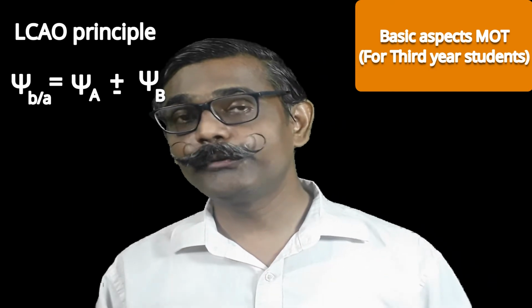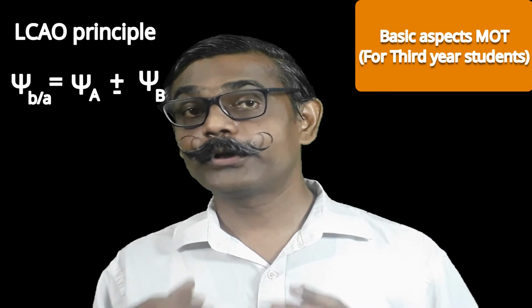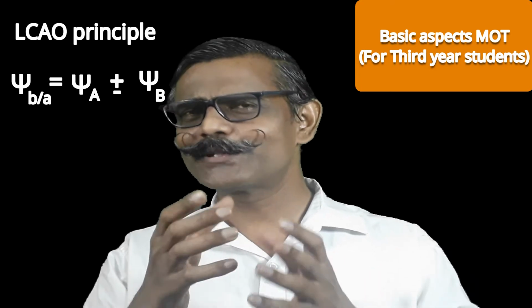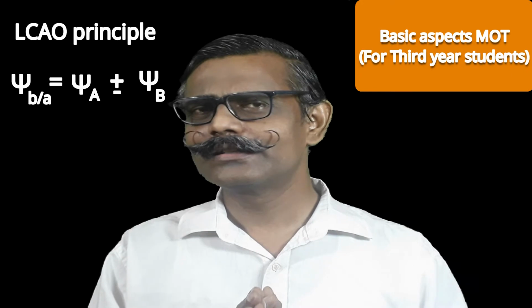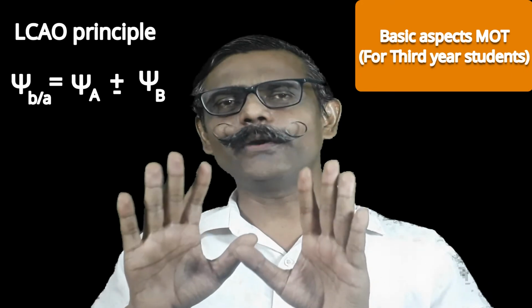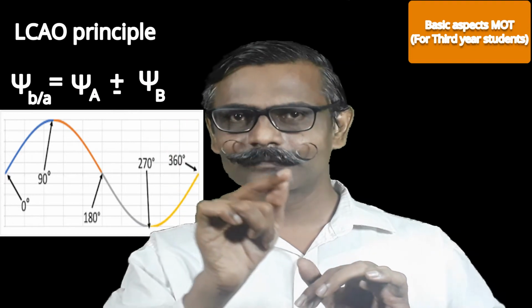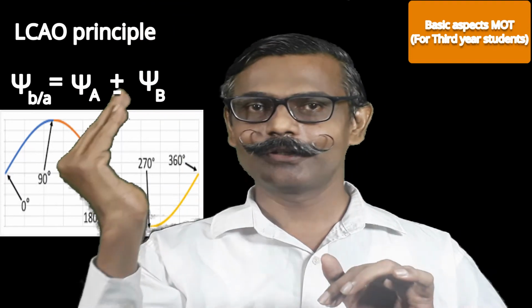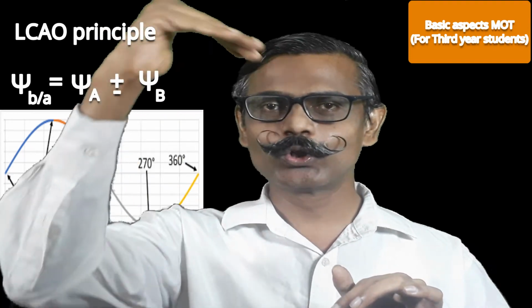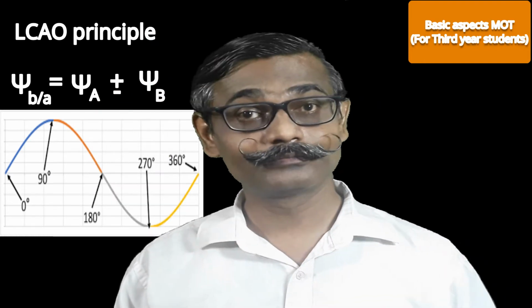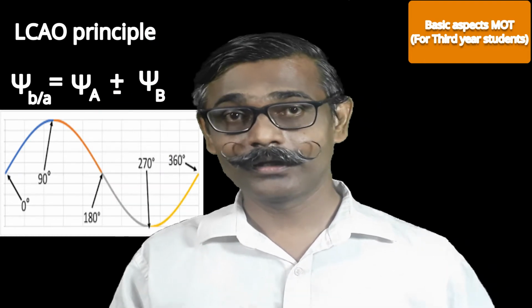Now the question you will have: positive phase, negative phase, what exactly does it mean? See, it is just a wave from 0 to 360 degrees. The crest portion, phase difference 0 to 180 degrees, is positive; the sine function is positive there.